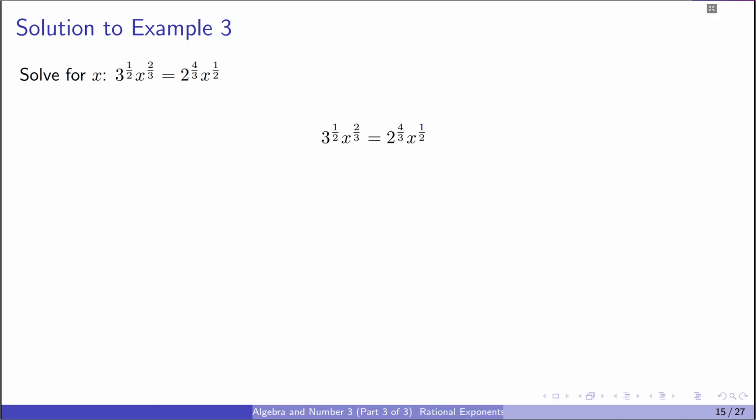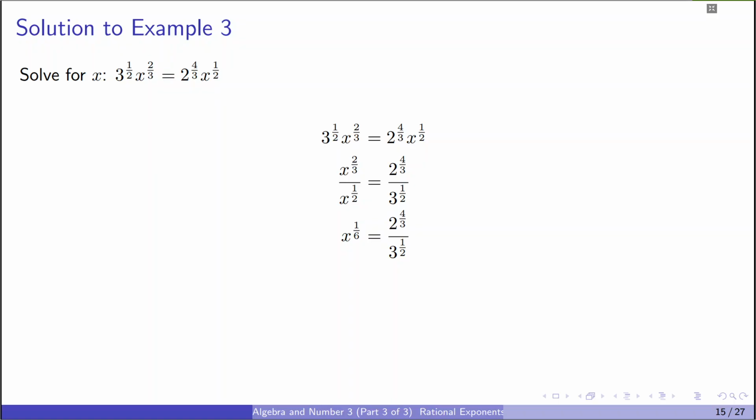The other option is to divide both sides by x to the 1/2 and deal with the fractions that way. So if we divide both sides by x to the 1/2, it cancels on the right, shows up under the x to the 2/3 on the left. Divide both sides by 3 to the 1/2, and it shows up under our 2 to the 4/3 on the right.